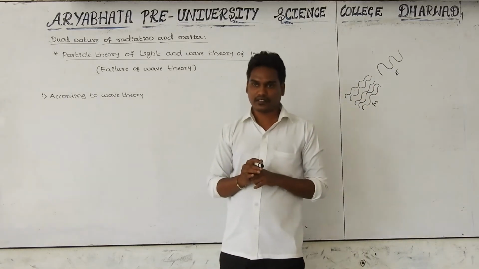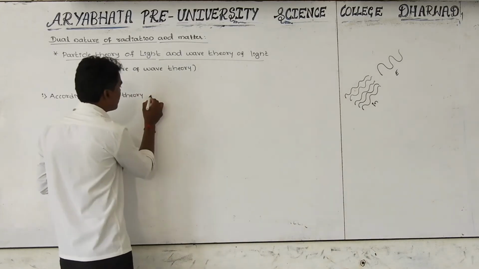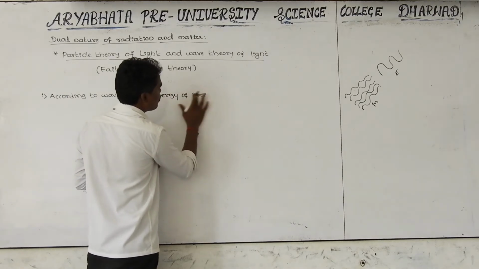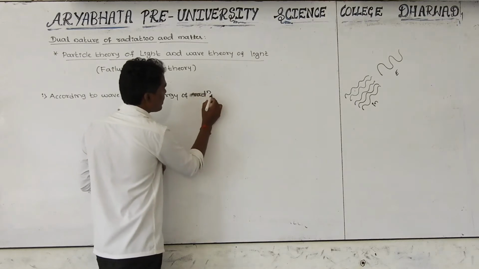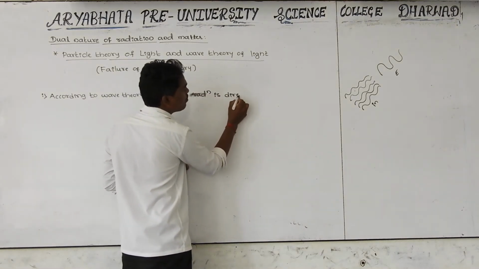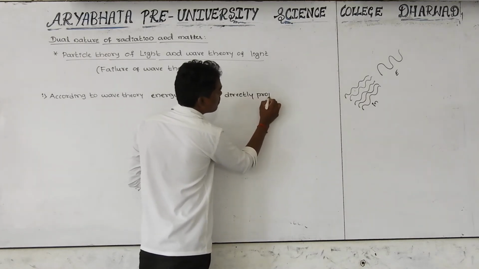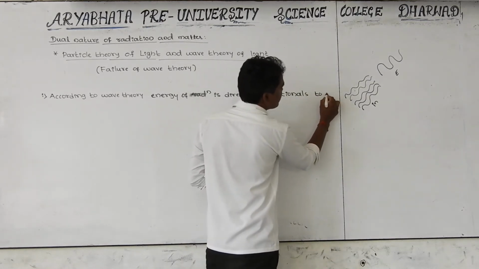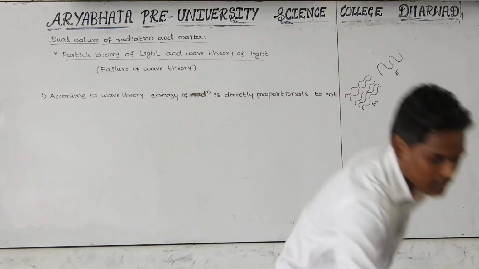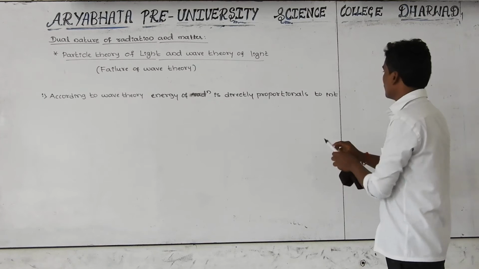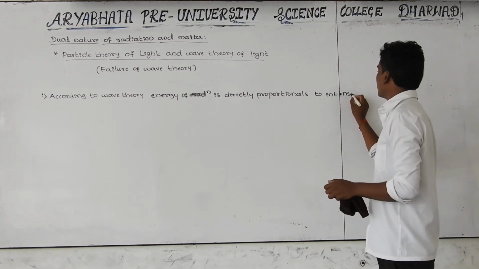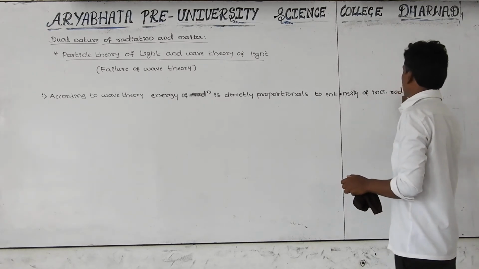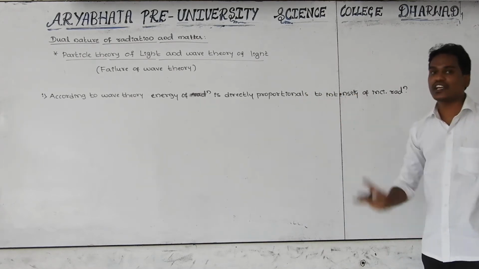According to wave theory of light, the energy of radiation is directly proportional to the intensity of incident radiation. This is according to wave theory of light.